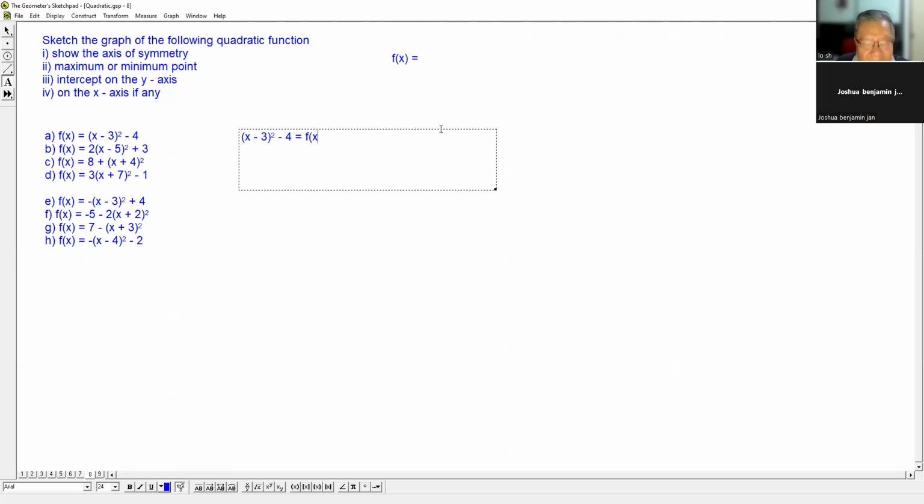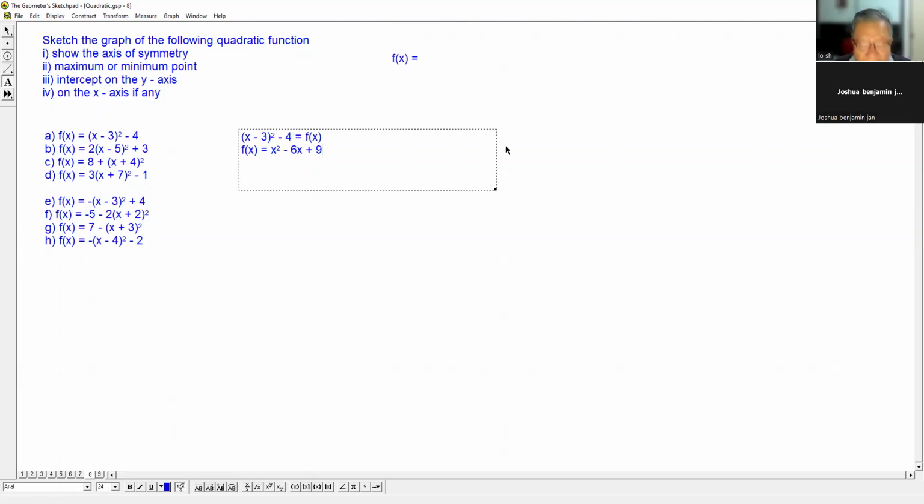When I expand this, f(x) equals x squared minus 6x plus 9.